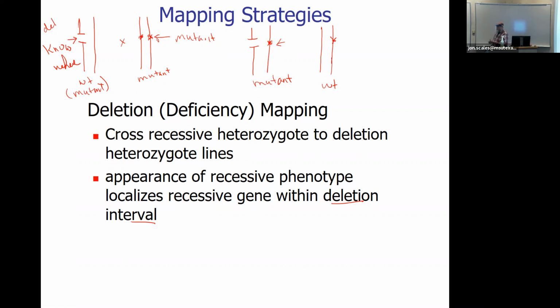So deletion mapping is a way of taking organisms with mutant chromosomes and trying to match up that mutant chromosome with the deletion on another chromosome and saying, I know where the deletion is, I know what parts are missing, so now I know that my gene is in that region. And it gives you another way of trying to figure out where your gene might be. Now, with things like fruit flies or mice, you could set up matings to do this.